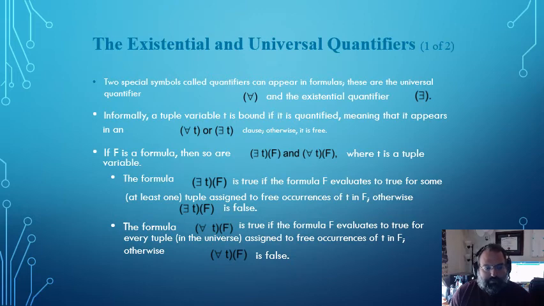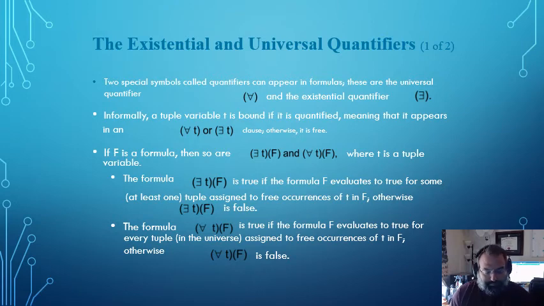Otherwise, it is free. If F is a formula, then so are (∃t)(F) and (∀t)(F), where t is a tuple variable. The formula (∃t)(F) is true if the formula F evaluates to true for some, or at least one, tuple assigned to free occurrences of t in F; otherwise it is false.